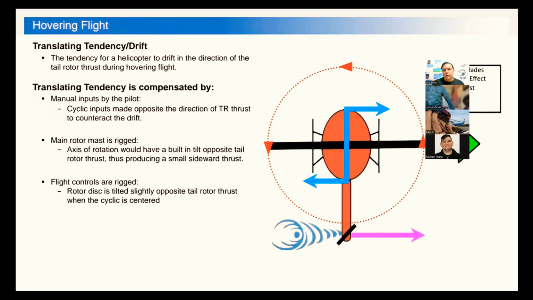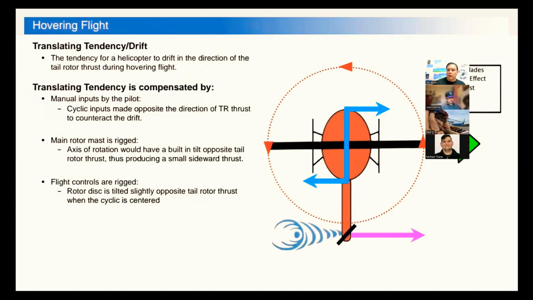Some manufacturers, I believe Enstrom does this, rig the flight controls specifically on the axis to assist the pilot. And in the Robinson product, I believe there's a little bungee cord on the flight controls that assists you a little bit.